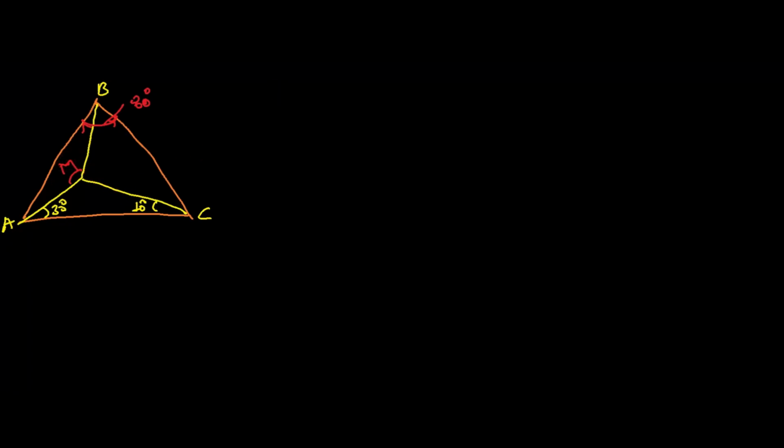So how you are going to find this one? First, this one is 80, this one is 30 plus something. Let us say this one alpha and this one is beta. Then we know that the sum of the interior angles, and this side and this side are equal, so that means it is an isosceles triangle. You are requested to find the value of m.